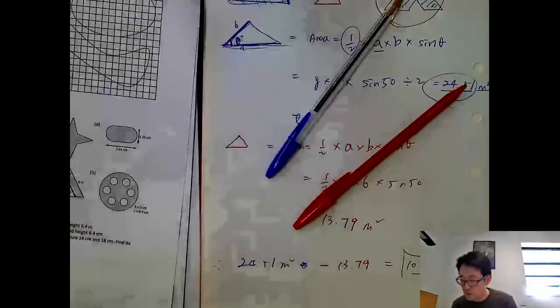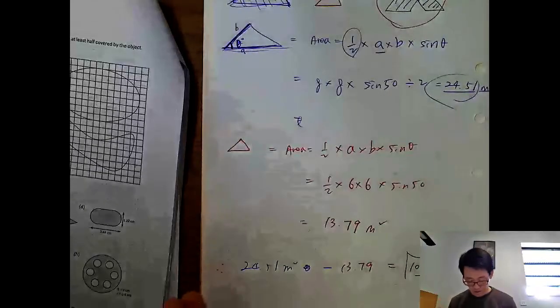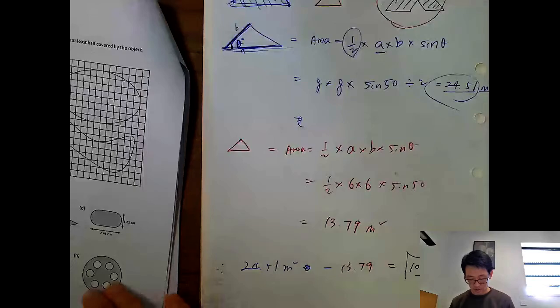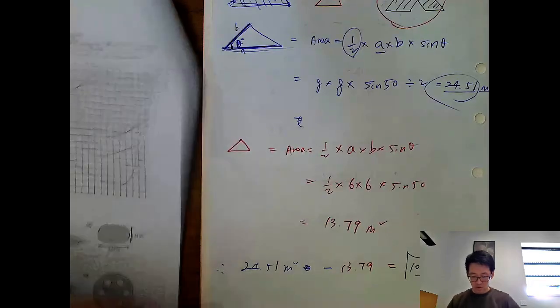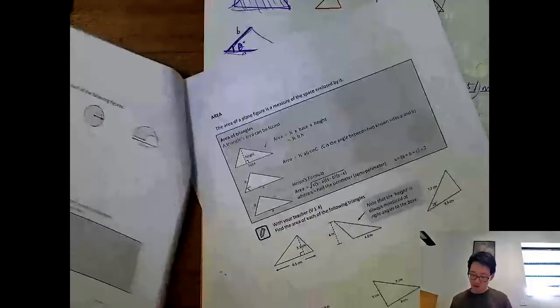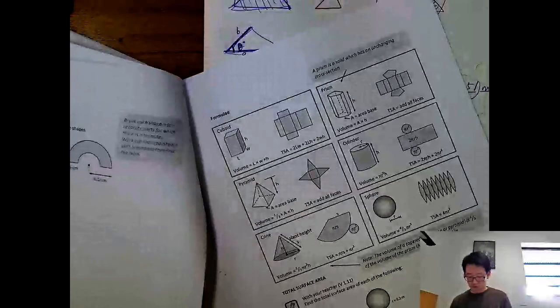So hopefully you're able to look at the composite figures and then try to find the area from one of these options.